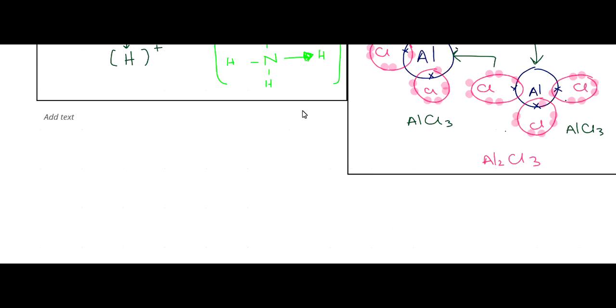simply because of what we call electron density. A pi bond has high electron density. Electron density is simply the way the electrons are distributed.